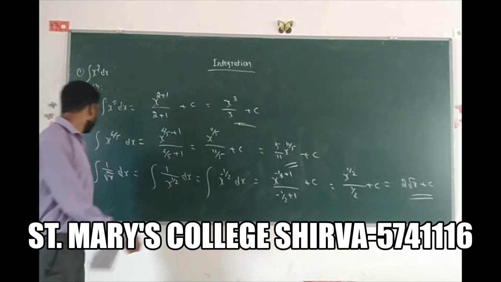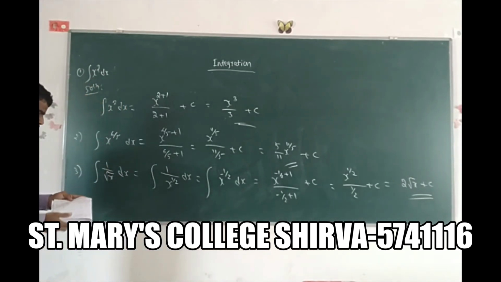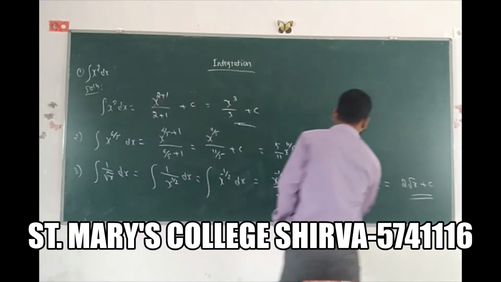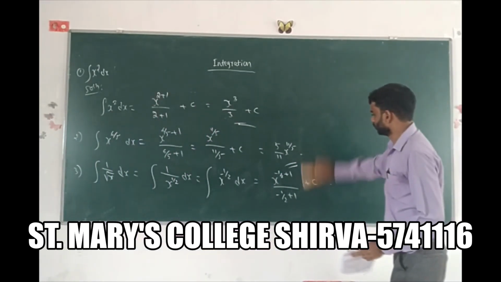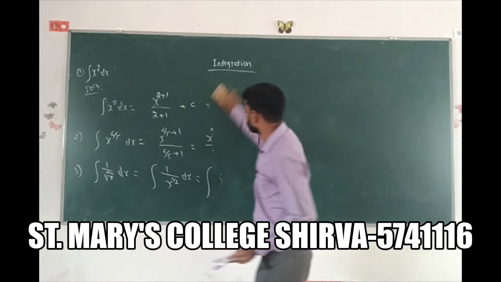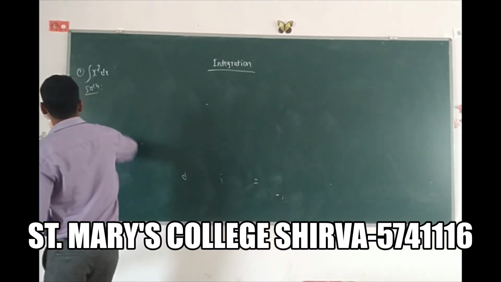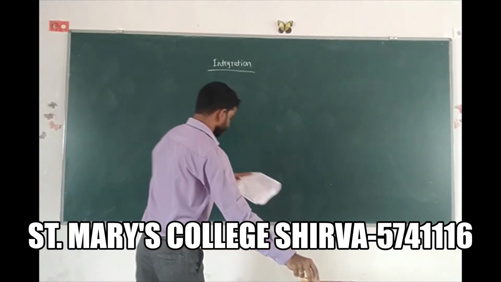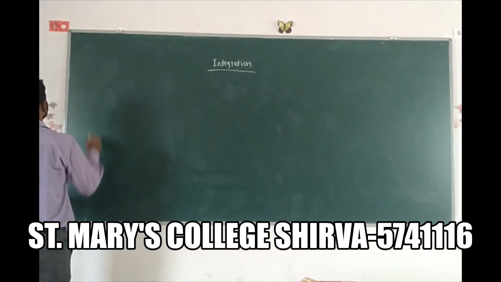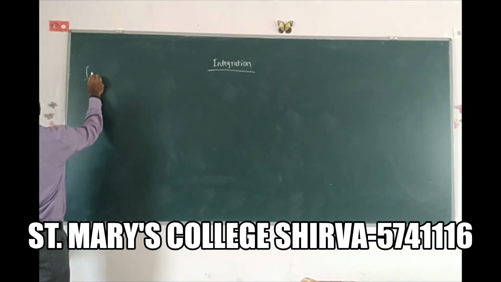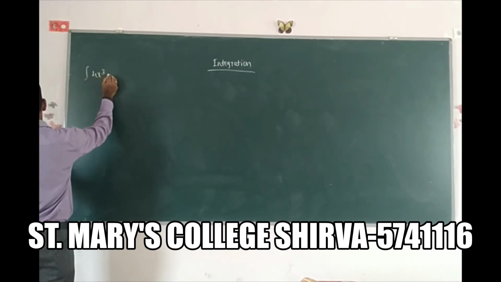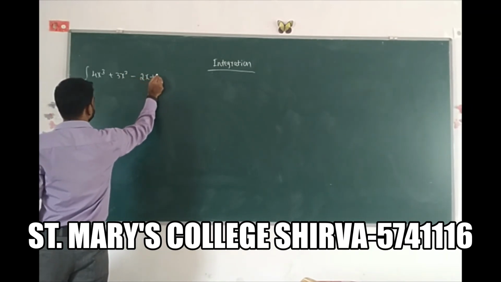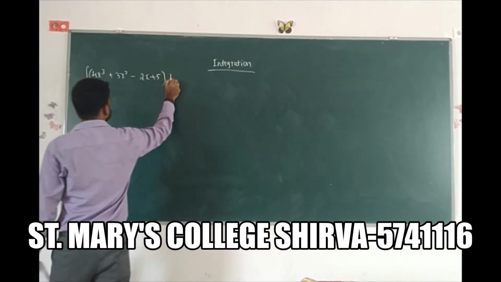Okay, these are some problems related to the power function. We will do one more problem, then we will wind up today's class. Integration of 4x cube plus 3x square minus 2x plus 5 dx.